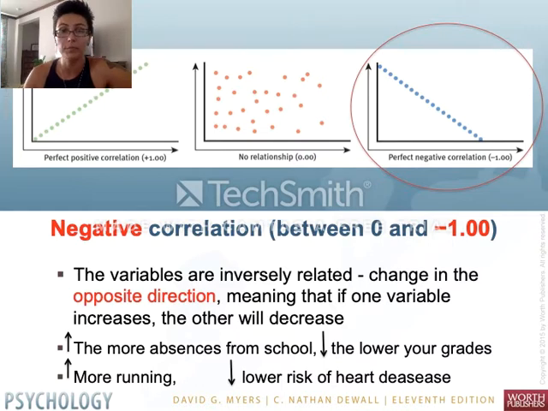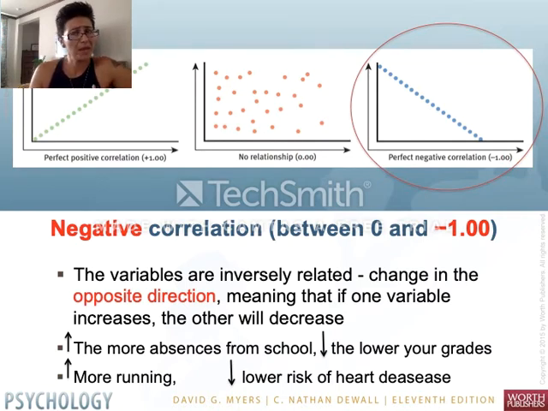If there's more variability, if the two variables aren't as closely related, then we're going to see a cloudier shape of these dots being spread around until they look like the graph in the middle, where clearly they're all over the place and there's no relationship. Okay, no relationship. Just like, for example, the more absences from school, the lower risk of heart disease.